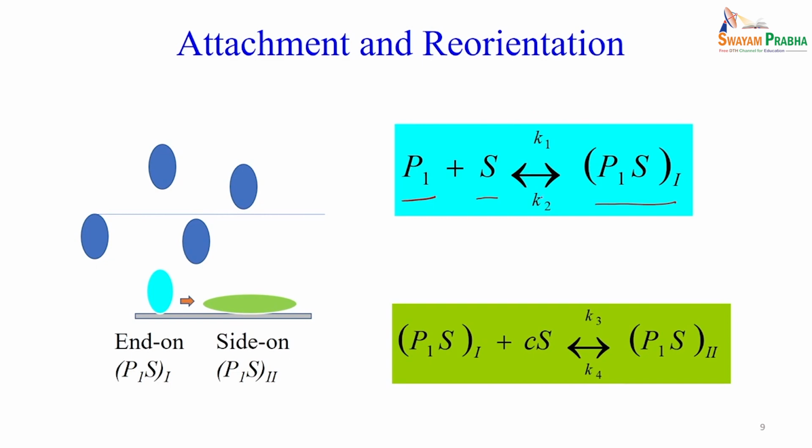This is the attachment, here you can say adsorption, and k2 is the detachment or desorption rate constant. Then in the next step of the rearrangement, this adsorbed protein molecule will require some extra surface.